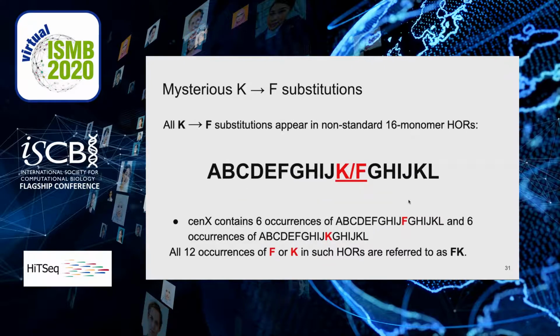All these substitutions happen in non-standard 16-monomer HRs, and there are 6 occurrences of such HRs with monomer F inside, and 6 occurrences of such HRs with monomer K inside. Further, we will call monomers on this place FK.